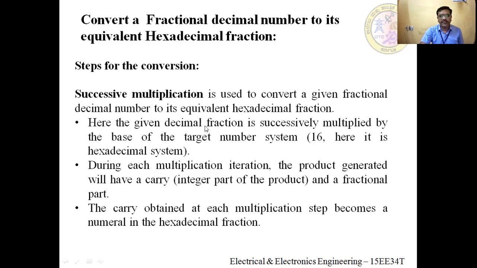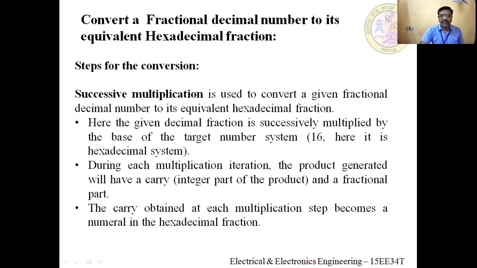So here the given decimal fraction is successively multiplied by the base of the target number system. Target means the required base. Okay. So the required base is 16. During each multiplication iteration, the product generated will have a carry and the fractional part.